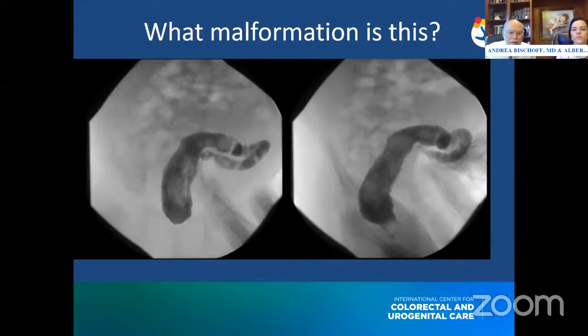This image that is taken oblique doesn't allow the surgeon to make a plan. The operations to repair anorectal malformation should not be exploration, surgical exploration to see what you find.